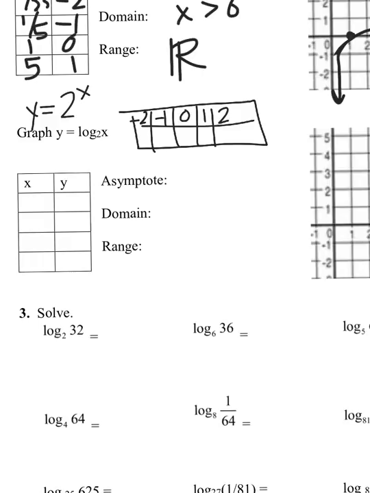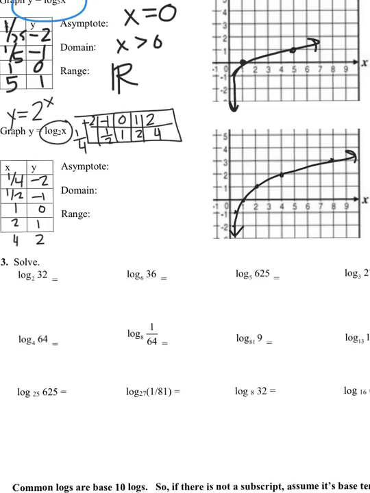Plug in 2 to the x, so it's going to be 1/4, 1/2, 1, 2, and 4. And then for your logarithmic function, you flip them around because they're inverses. So this is going to be 1/4, 1/2, 1, 2, 4, -2, -1, 0, 1, 2. So I'm going to graph that.